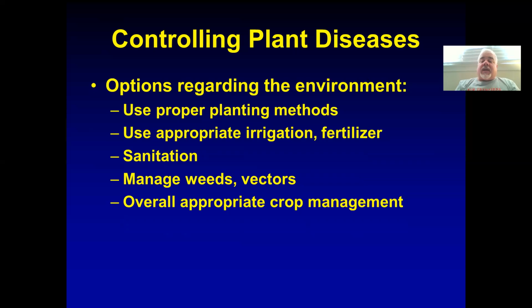Managing weeds and managing vectors. Vectors are primarily insects that spread these diseases. Things like aphids are notorious for spreading viruses, but that's just one example. When I was growing lettuce seed and I knew if I had a lettuce mosaic positive test in one of my seeds, I would have to throw out the entire lot of seed.